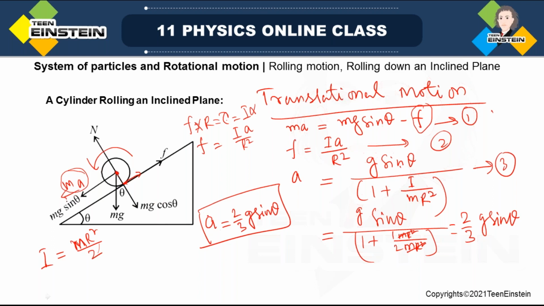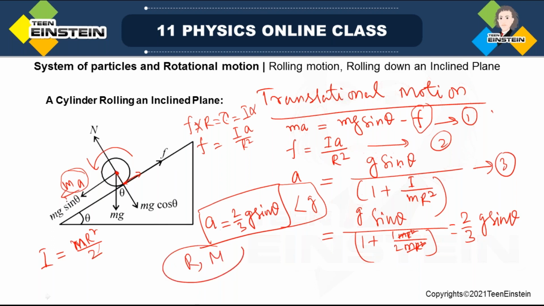For a cylinder, the acceleration along the inclined plane is less than g. You can see that this is less than the gravitational acceleration. One more point you can note here: for a particular inclined plane, it does not depend on whether the object has greater radius or greater mass.